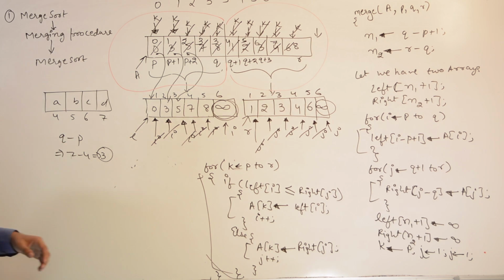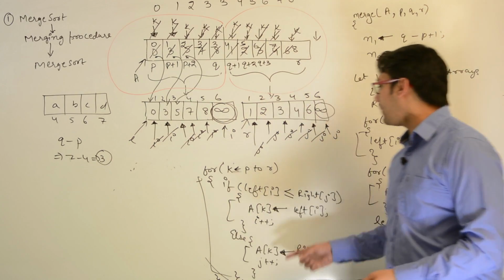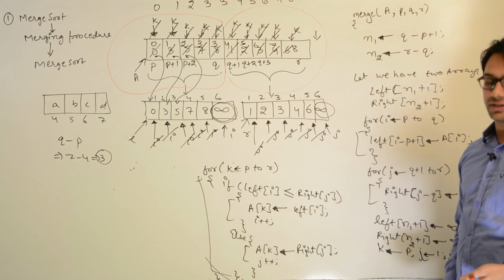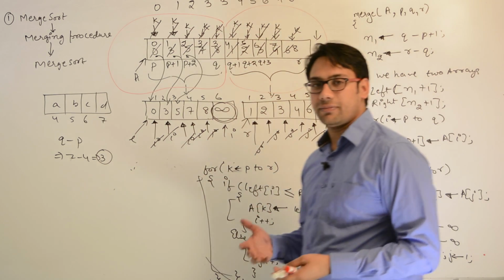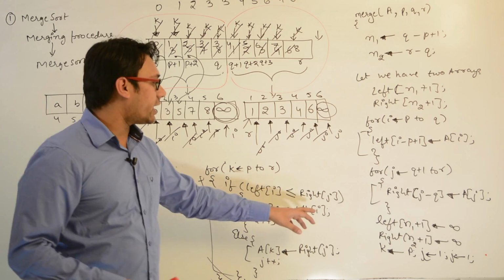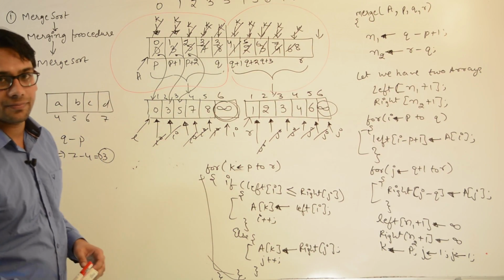Before going to the merge sort algorithm, just tell me what will be the time complexity of this merging procedure. Take your time, pause the video and try to see what the time complexity of this merging procedure is.